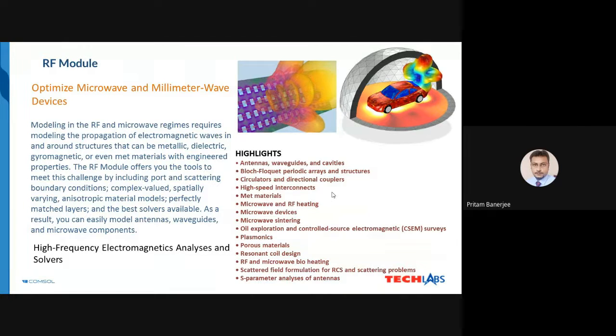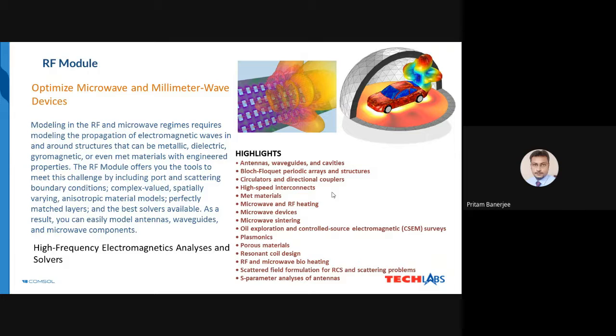Microwave oven is one of the applications. Even biomedicals and MRIs, like simulating microwave treatments as well as the MRI interaction with an implanted device. How will be the effect of that? How could the structure go, what could be the analysis result? For biomedical applications also it could be used.